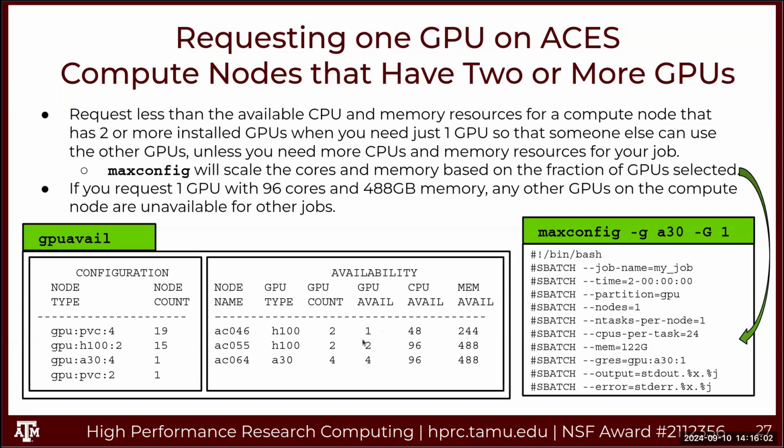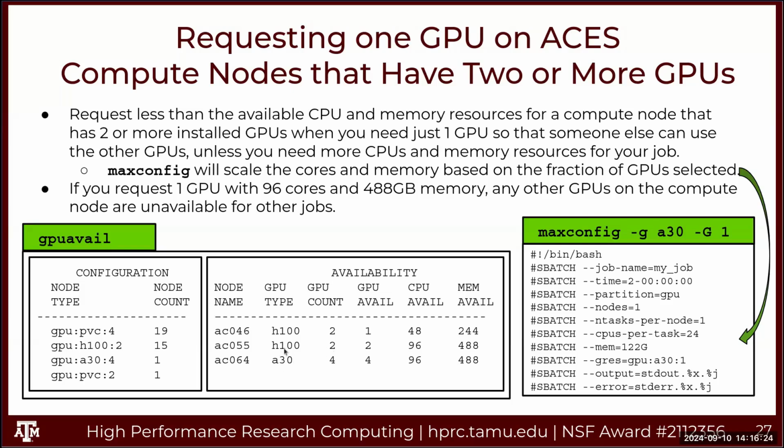So you can configure your job script specifically to launch on this node. You can request the other 48 CPUs and 244 gigabytes of memory, and most likely Slurm will schedule it on this node.